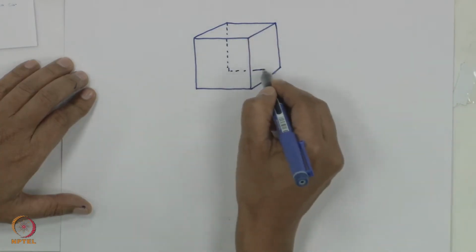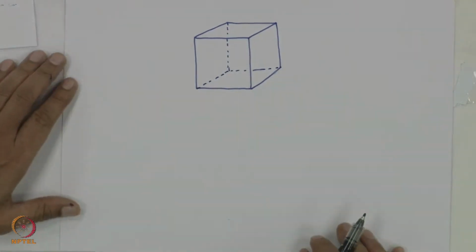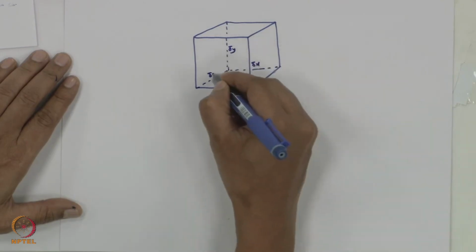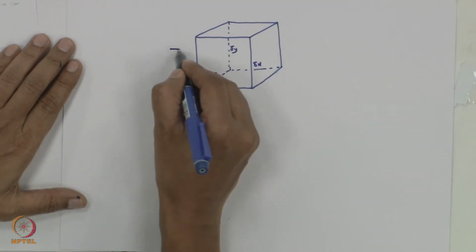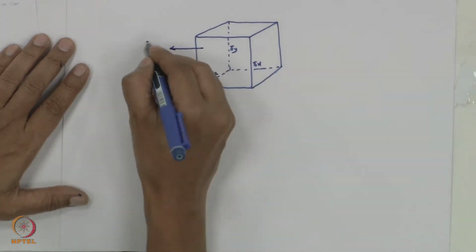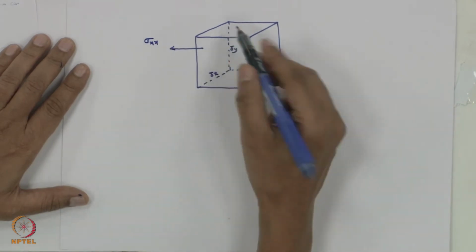Please write along with me so that you will not miss out. So you have delta x, delta y, delta z. Now what is the force acting in the x direction? There is sigma xx in this direction, so you have sigma xx acting over the area delta y delta z.